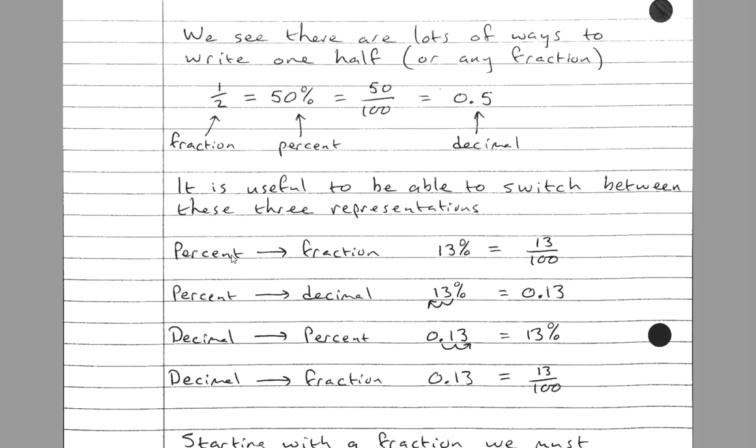So to convert a percent to a fraction, just put it over 100, and then maybe look to simplify that fraction. To convert a percent to a decimal, if you're dividing by 100, that moves the decimal point 2 places to the left, so 13% becomes 0.13.